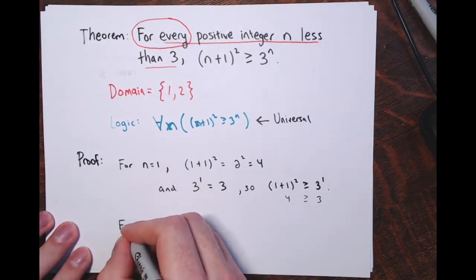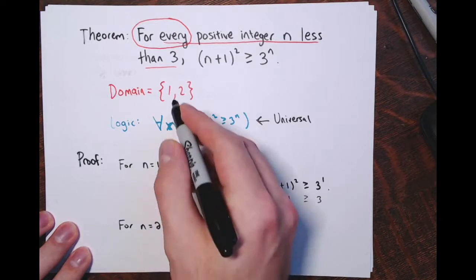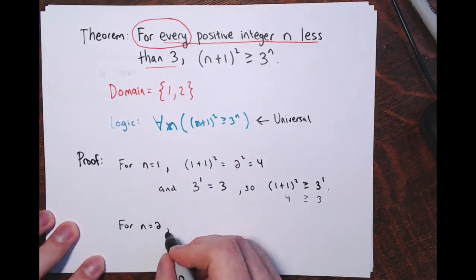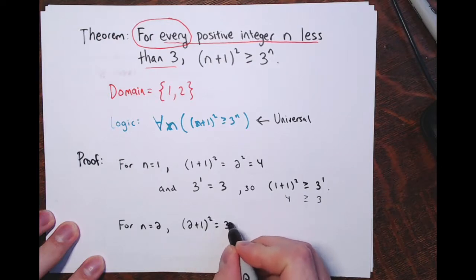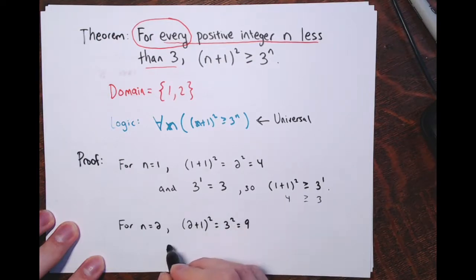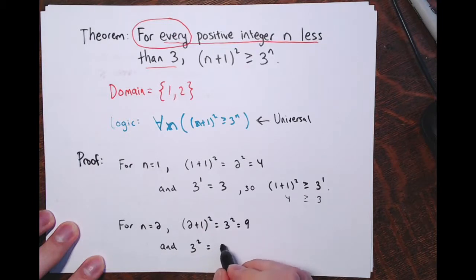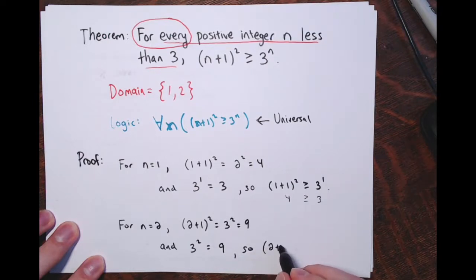Then, for n equals 2, the only other value in the domain, we have 2 plus 1 squared is 3 squared, that's 9. And 3 to the second is 9. So we do have that statement, right? 2 plus 1 squared is greater than or equal to 3 to the second.